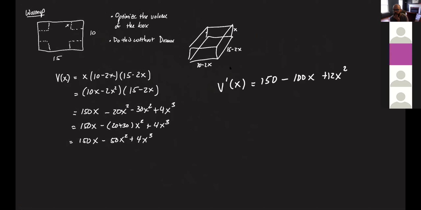Okay, and how would I find the critical values of this function? Any ideas? What would you do to find this? You could factor, yeah, you're certainly going to set it equal to 0, right? So you want to know when it's equal to 0. So Luke says factor. Certainly we want to know when this is equal to 0.